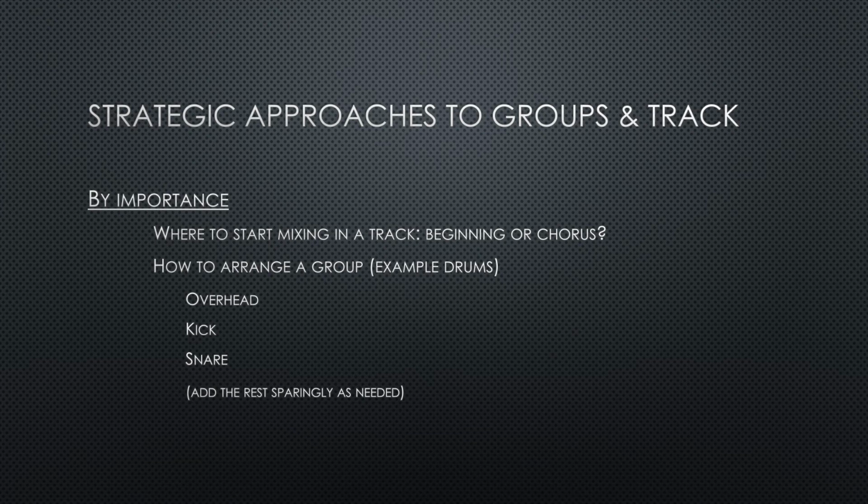So sometimes it's multiple tracks or multiple microphones or files for one instrument. Drums is a really good example of that. You may have 2 channels for overhead, a channel or 2 channels for kick, a channel or 2 for snare, and then toms and cymbals.